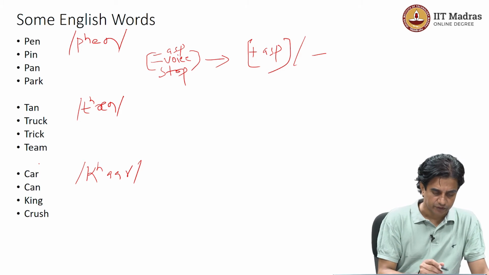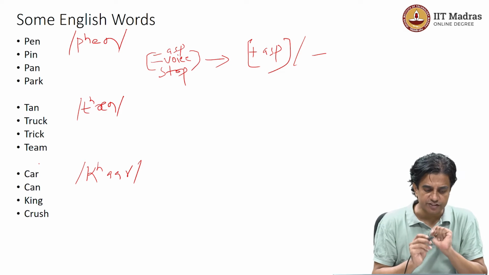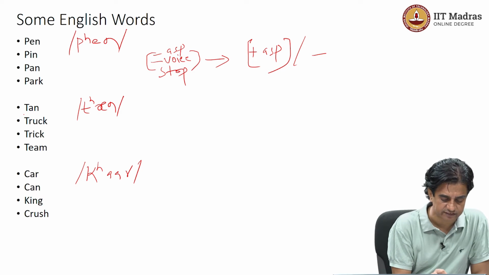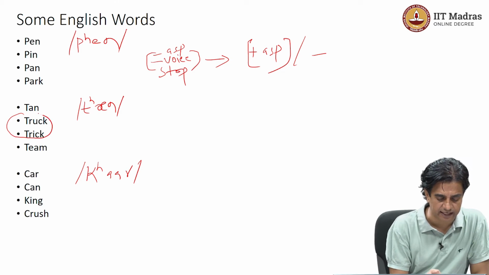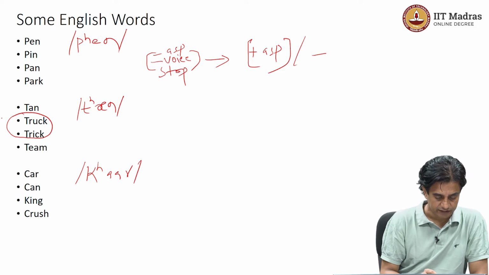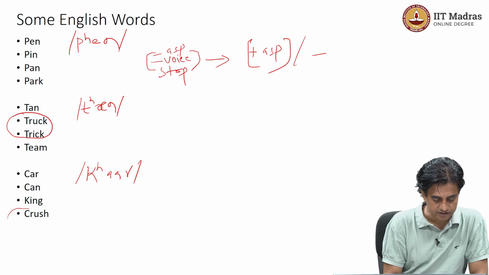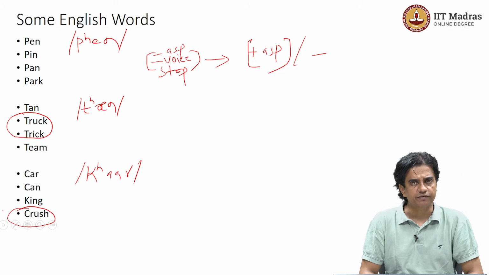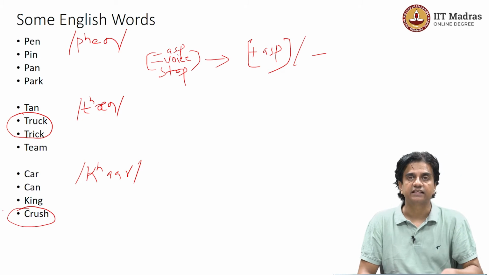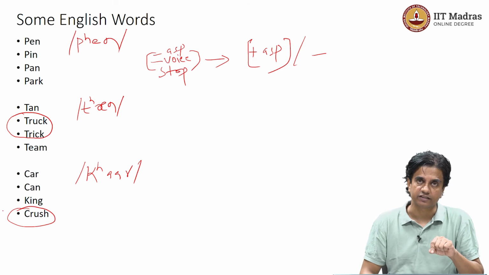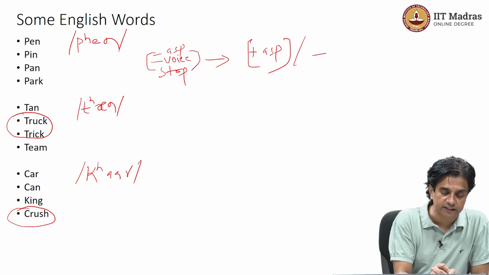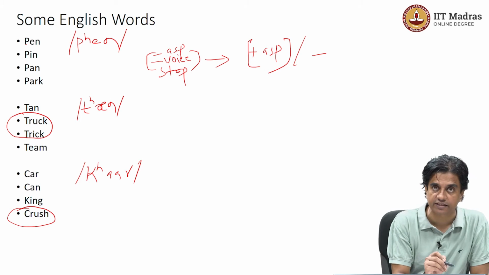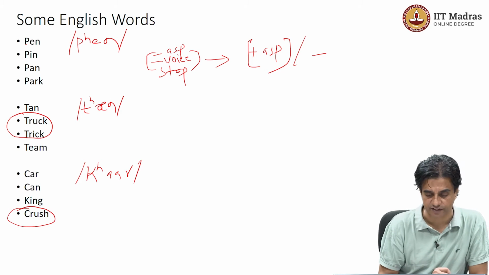So, now pay attention to these words, truck and trick. Pay attention to crush. What's the difference between these 3 words and the rest of the words? In the rest of the words, right after the unaspirated stop, you have a vowel sound.